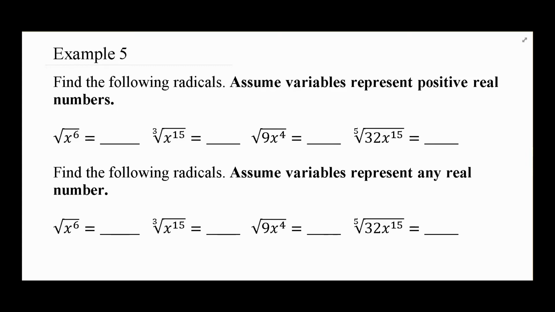We actually did that example a little while back, and we found that the answer to this was the absolute value of x cubed. But let's look back to the bold directions. The bold directions say assume variables represent positive real numbers. So our x is representing positive numbers. Do we really need the absolute value bar there?